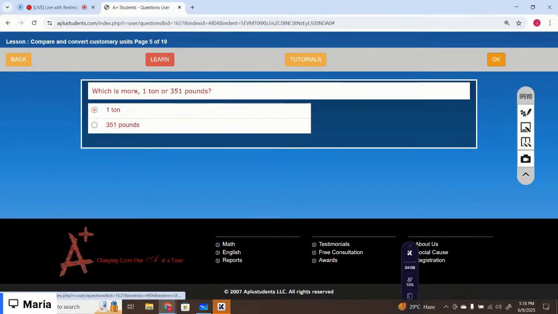One ton is more than 365. Which is more, 13 ounces or 1 pound? 1 pound is more than 13 ounces because 1 pound equals 16 ounces.